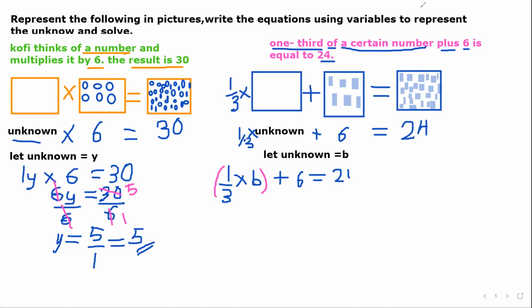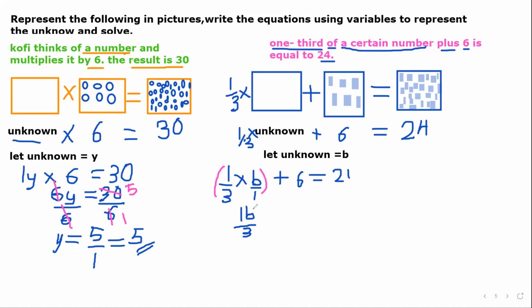Every whole number is over 1. So here is over 1. b is b over 1. Okay, now when you solve here alone is 1b over 3, because multiplication means multiply the numerators.